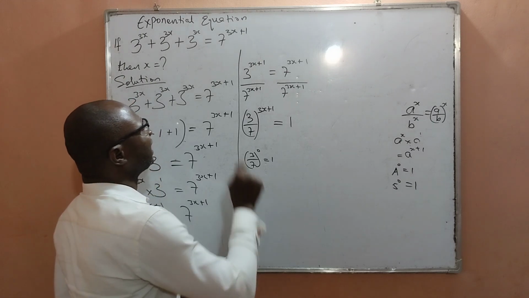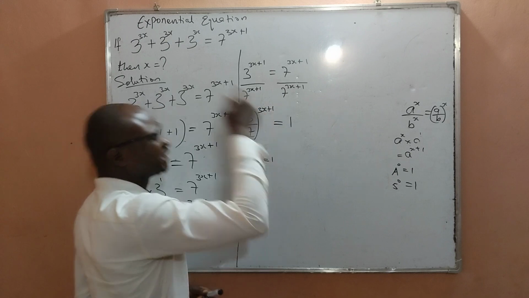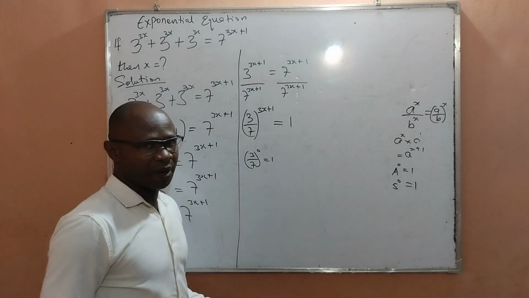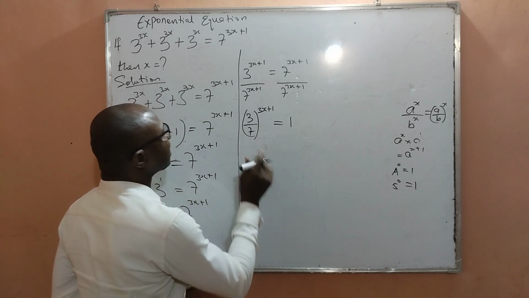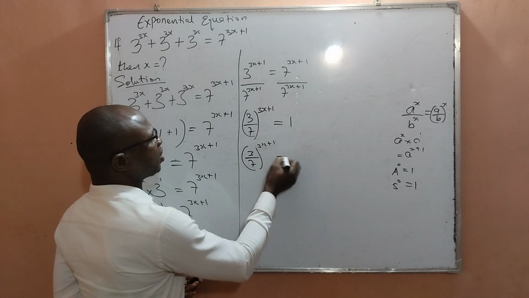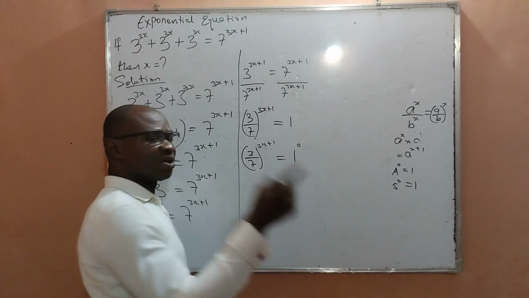So it implies that when 3x plus 1 is exactly equal to 0, these two sides of the equation will be equal. I can now write that 3 over 7 to the power of 3x plus 1 is equal to 1 raised to the power 0. 1 raised to the power 0 is 1.